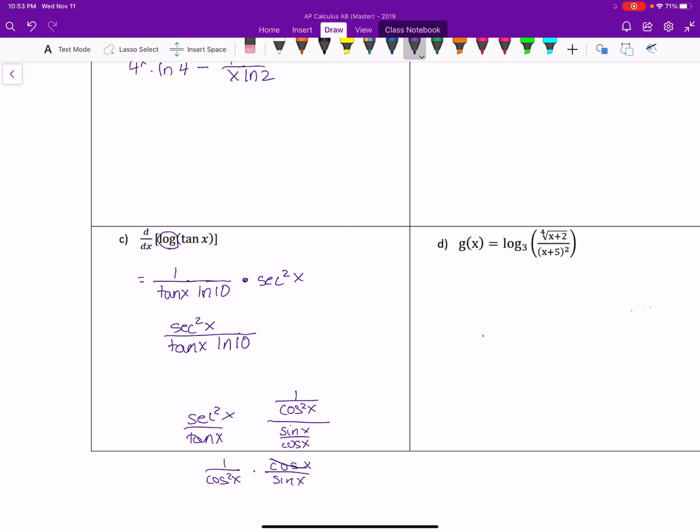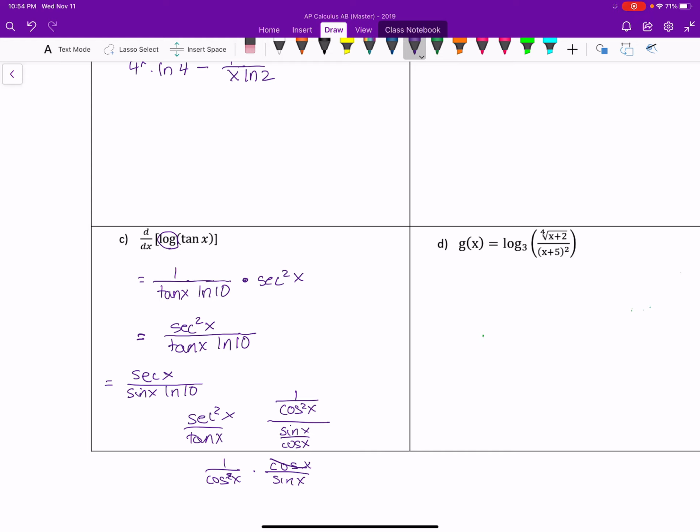So a set of the cosines cancel out. So then I could rewrite this as secant x over sine x, natural log of 10. That's one option.